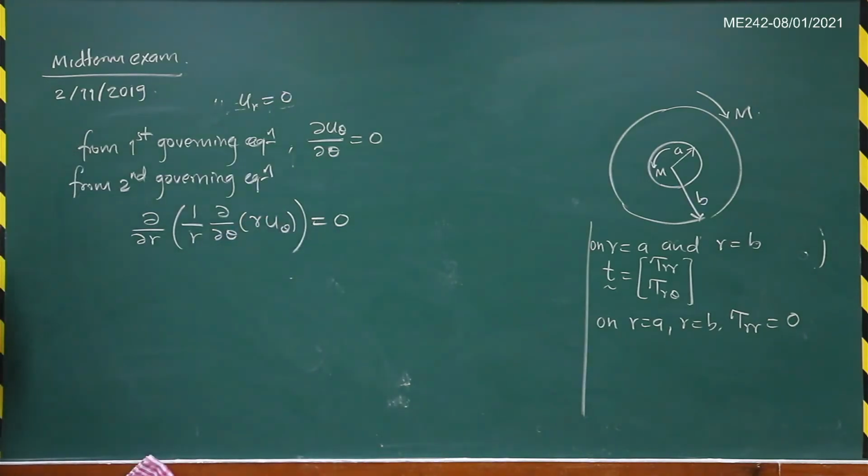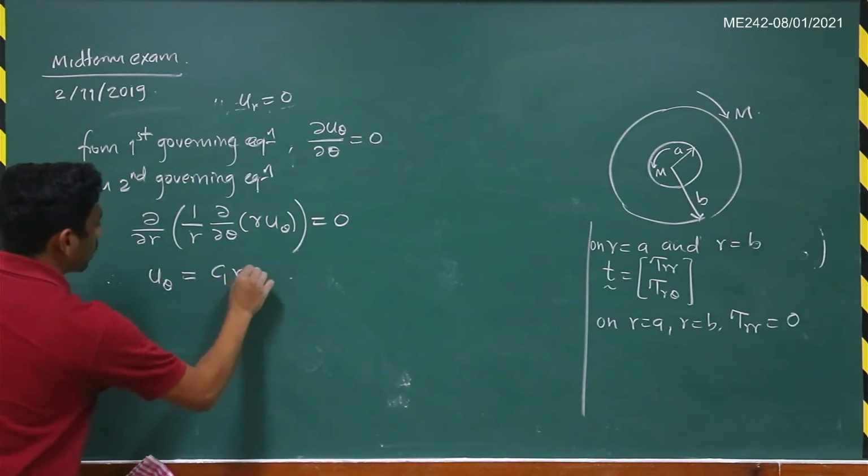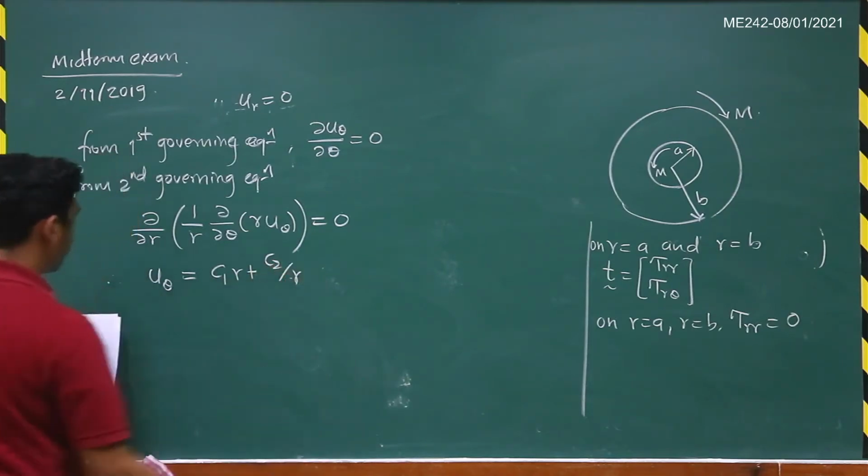So if we solve this differential equation, we get u_theta equals some constant c1 times r plus c2 divided by r.